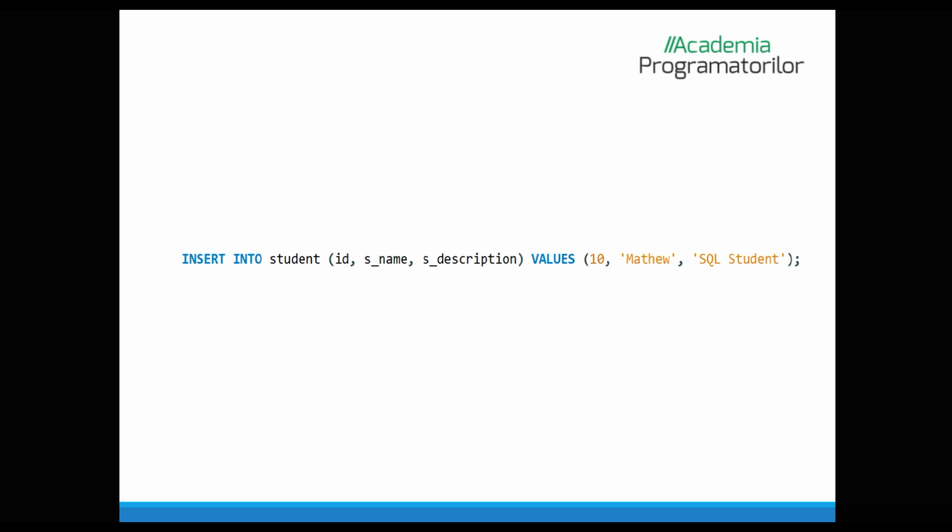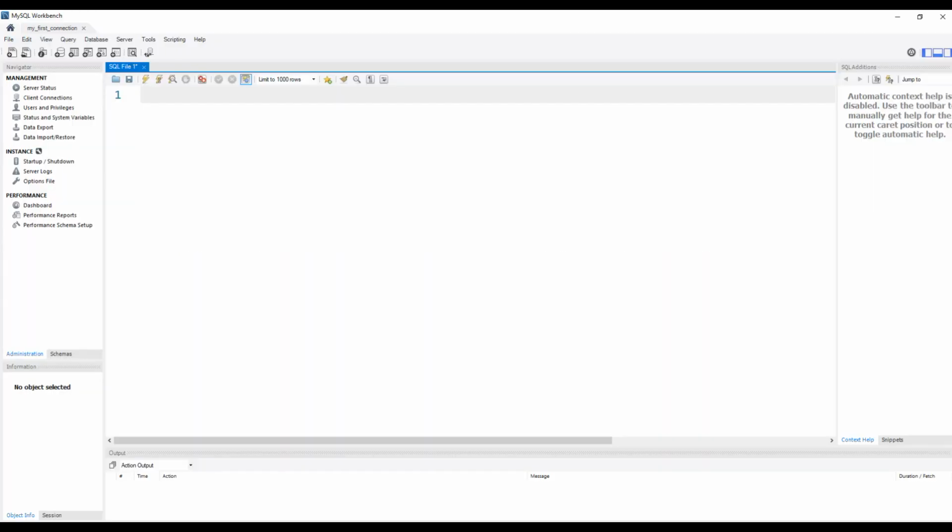Let's see an example in Workbench. Let's go back and create a student table. We will write create table student. We will open and close parentheses, write a comma at the end, and inside these parentheses we will specify our columns. We will have an ID of type int.